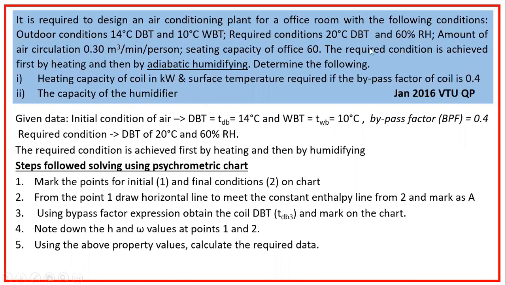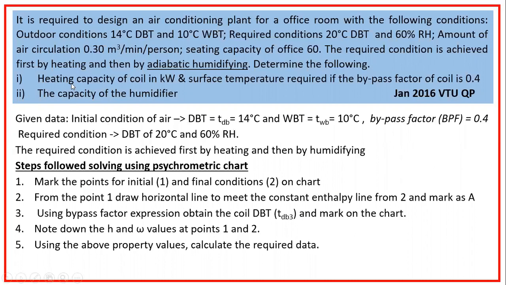The required condition is achieved first by heating and then by adiabatic humidifying. We should note that adiabatic humidifying means the enthalpy after the heating process, the humidification process should be in such a way that the total heat, the enthalpy H, should remain constant at the end of the humidification.